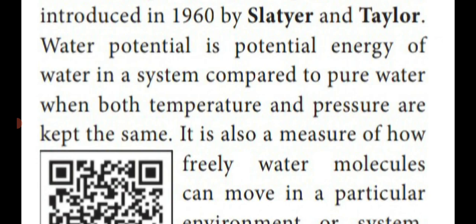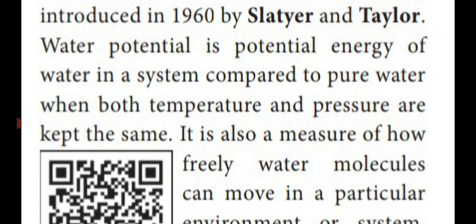So what is potential? It is the potential energy of water in a particular system compared to pure water. That means water placed in a particular system is a different one. That water system's potential energy compared to pure water at a constant temperature and pressure is known as water potential. 2-mark question: What is water potential?